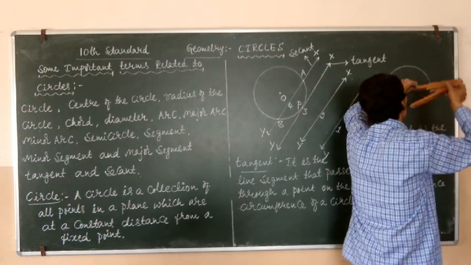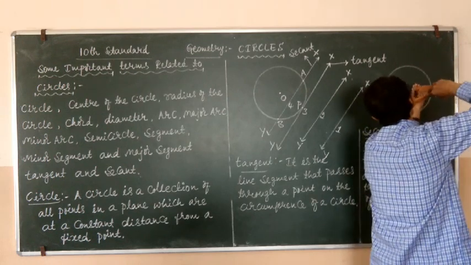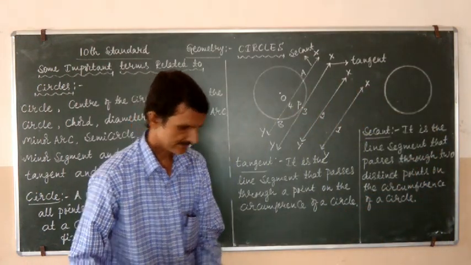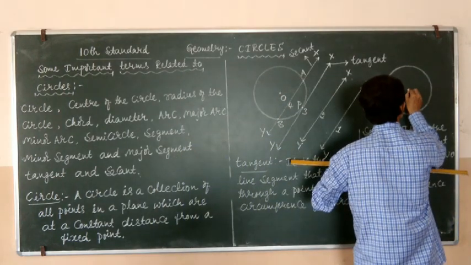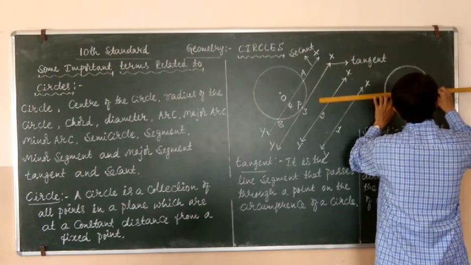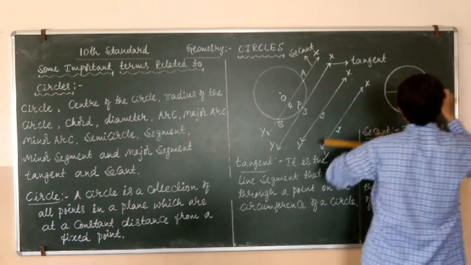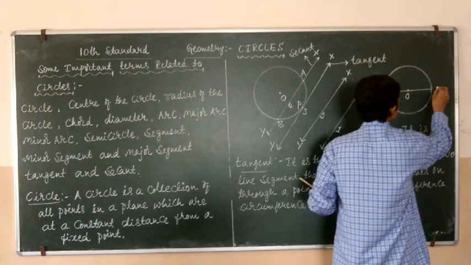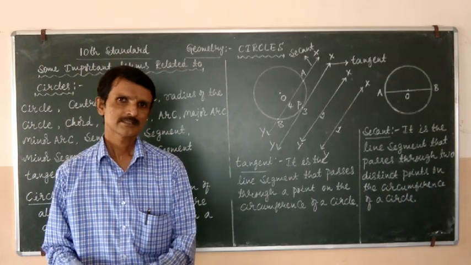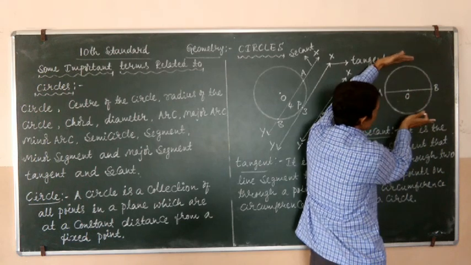if you draw a diameter in a circle, the diameter divides the circle into two equal parts.